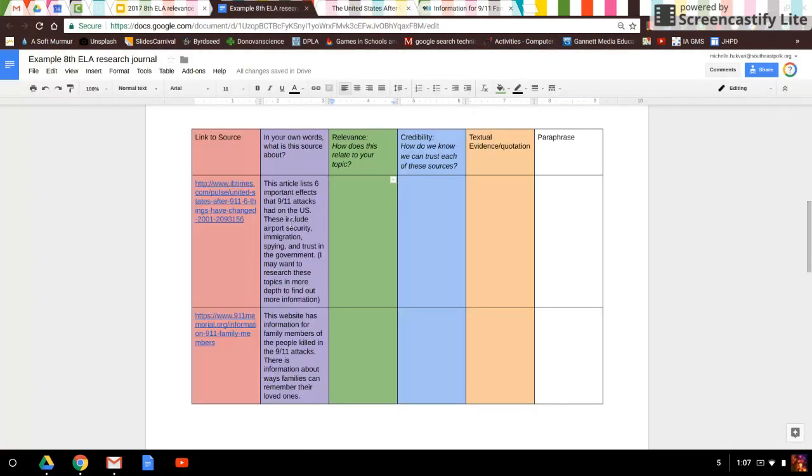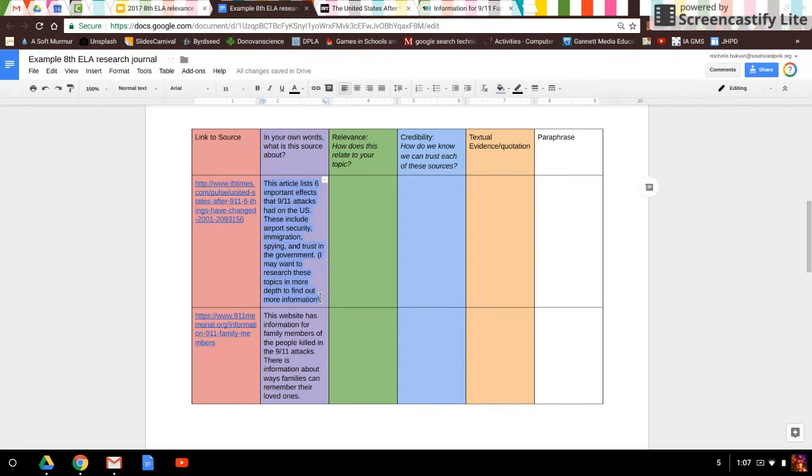And so I'm going to look back over my purple column now, double check that my summary that I've written is still accurate based on what I've read. And so my summary says this article lists 6 important effects that the 9/11 attacks had on the United States. These include airport security, immigration, spying, and trust in the government.